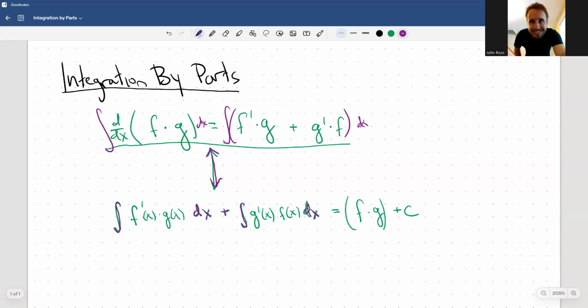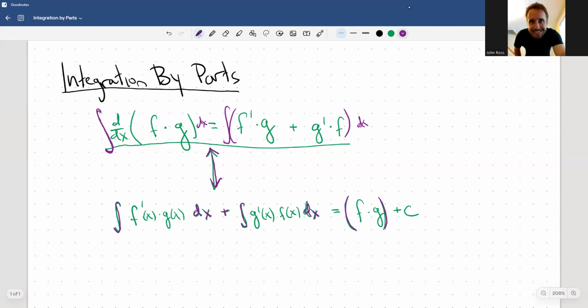And so the original right-hand side, I've now just rewritten, distributed on the left-hand side. And meanwhile, for this other piece, we have the integral of a derivative of f times g. And so that will just give us f times g, right? The integral and the derivative will cancel each other out by the fundamental theorem of calculus. And so we'll just be left with f times g plus a constant.